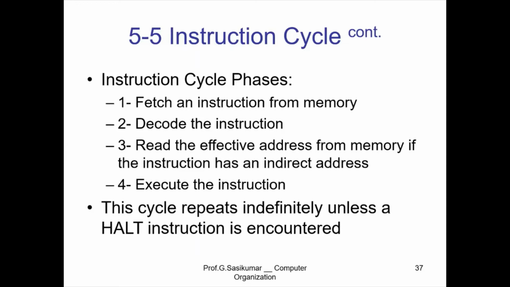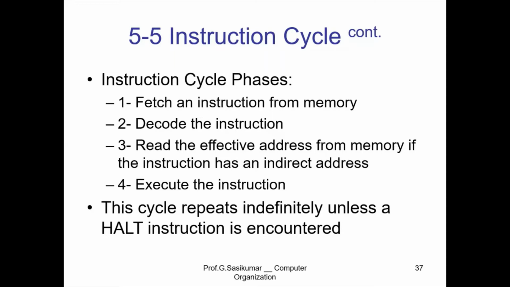When you go to an ATM machine, it fetches the data from your debit card. Then it will decode immediately whether your password is right or not. How does it decode? By reading the data available in the memory. Yes, this password is correct, or it is wrong and you cannot access the ATM. This is the instruction cycle phase.